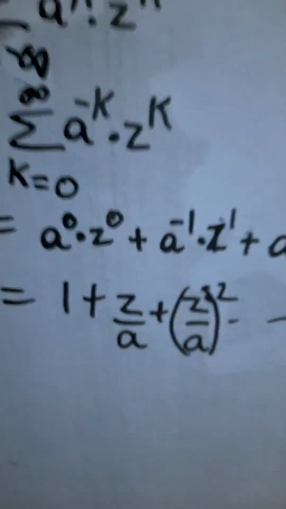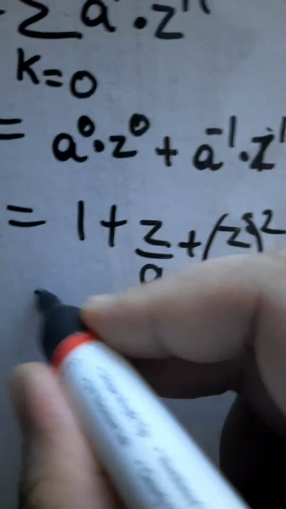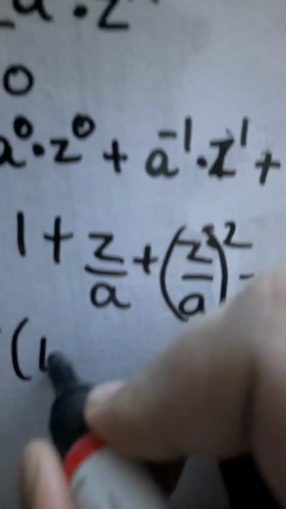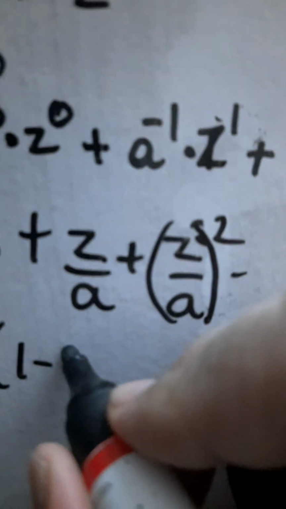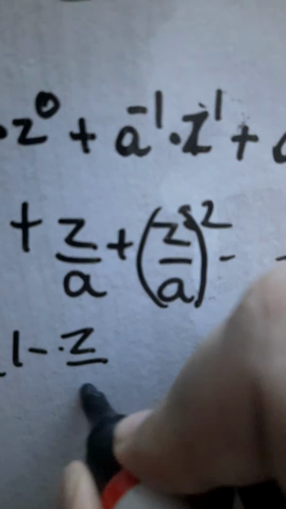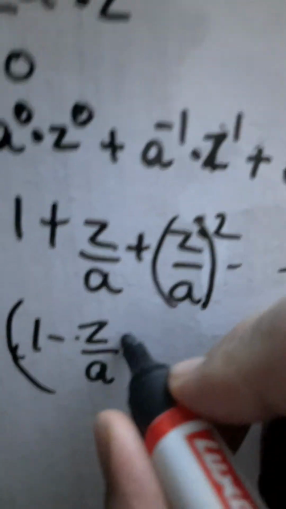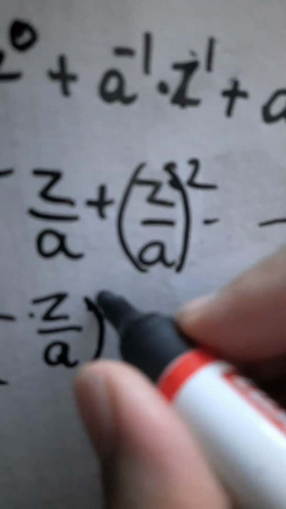Now from this power series, it is again 1 minus x, and that x is z by a here, because z by a is raised as a whole bracket. So 1 minus z by a, raised to minus 1.